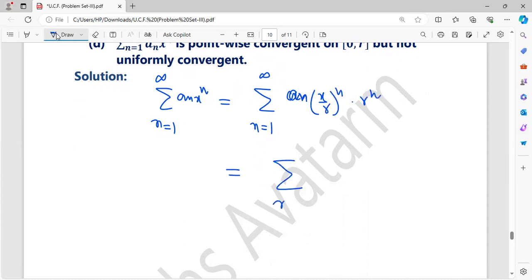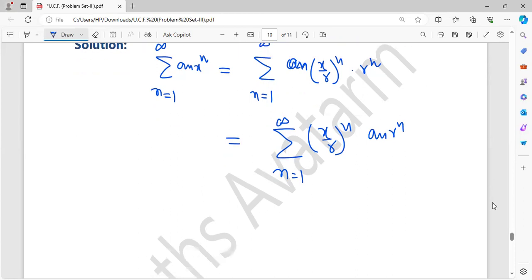Now collect this, n is equal to 1 to infinity. (x upon r) you keep one side and a_n r to the power n one side. Okay. Now what is my b_n(x) here? b_n(x) is (x upon r) to the power n. And what is this series?